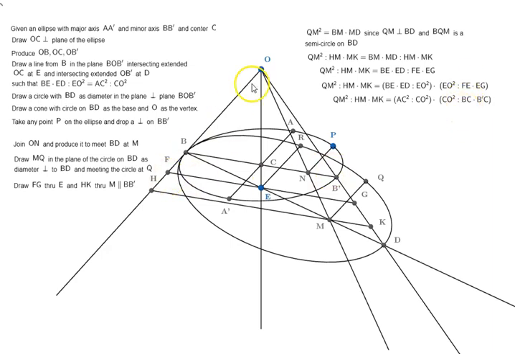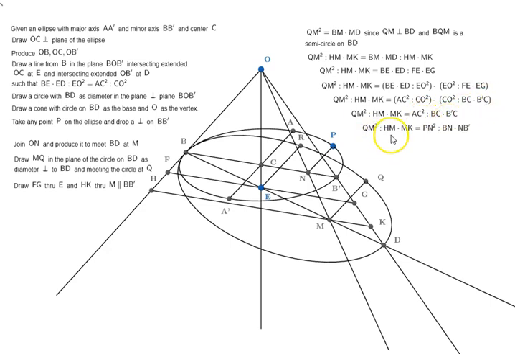In the triangle FOG, BB prime is parallel to one of the sides of the triangle. We can substitute EO square is to FE times EG by CO square is to BC times B prime C. Now, here we have CO square and here we have CO square, so these two will cancel out and we'll end up with AC square is to BC times B prime C.